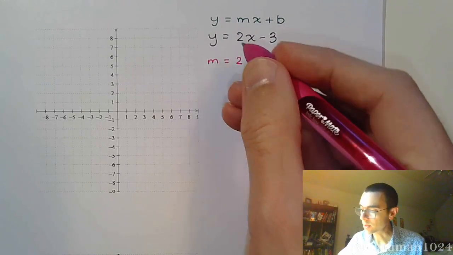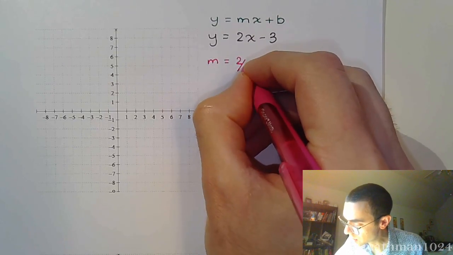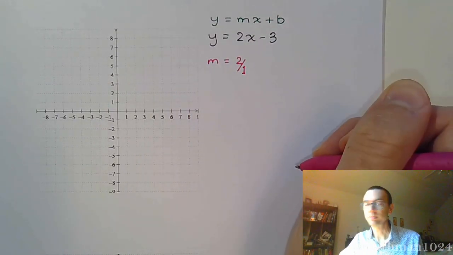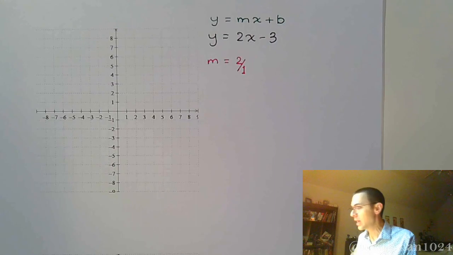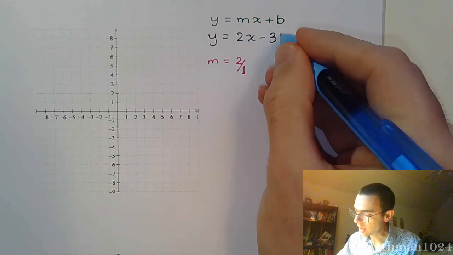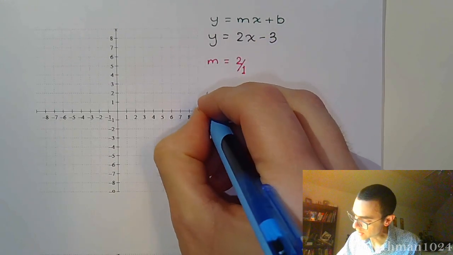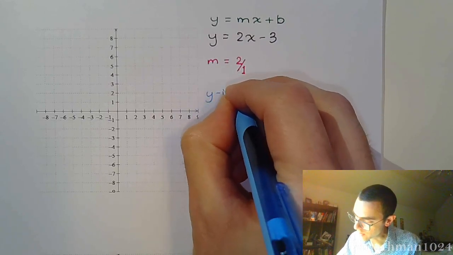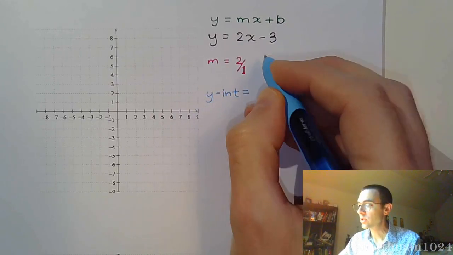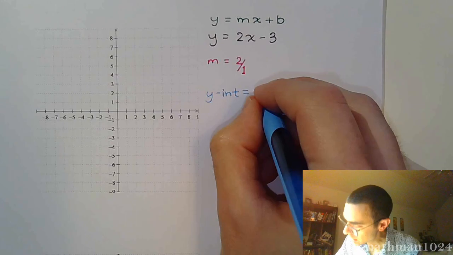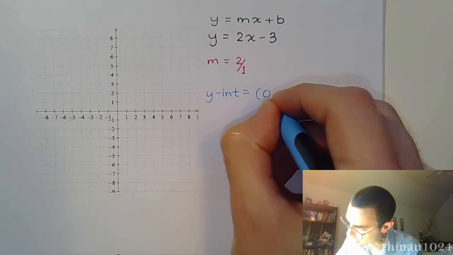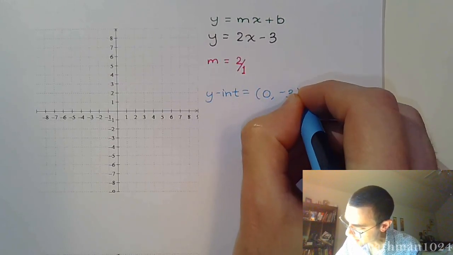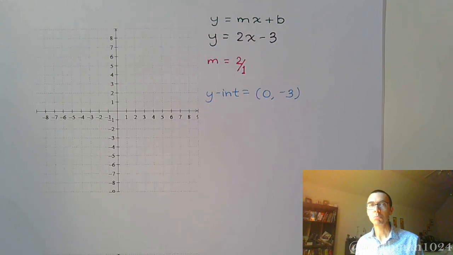So the easy way to do that for something like this is to say that this is 2 over 1. And then we look at this constant here at the end. And the constant at the end directly relates to our y-intercept. So we see -3. So it gives us the ordered pair 0, -3.